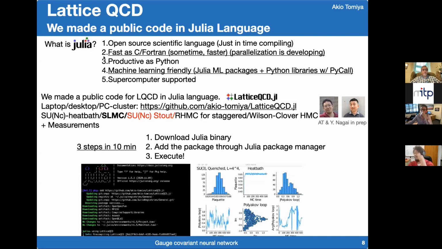So I think this is useful for this community. And in our code we support SU(N) heat bath, self-learning Monte Carlo, SU(N) stout, staggered RHMC, Wilson clover HMC, and Savon measurement. And if you are interested, please try from this link.